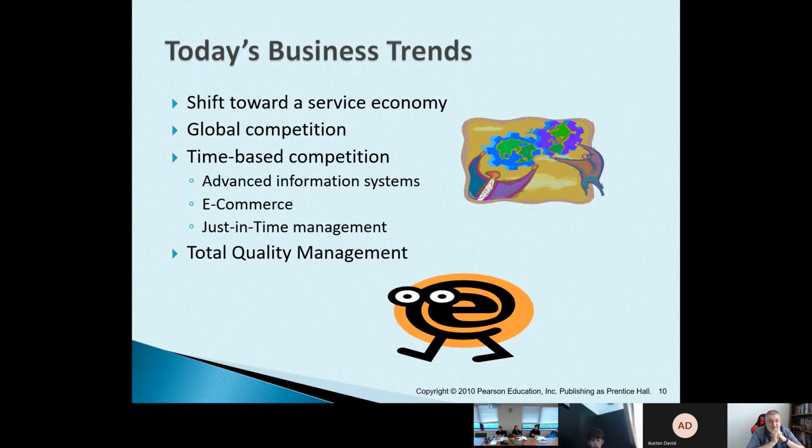And you guys are all young enough that you probably don't remember the days when industry and manufacturing was the king of all business here in the United States. It still is key and critical in the United States, but it's not everything like it used to be. Now we're much more towards a service industry.